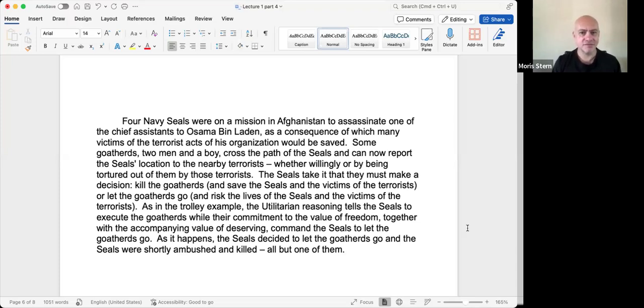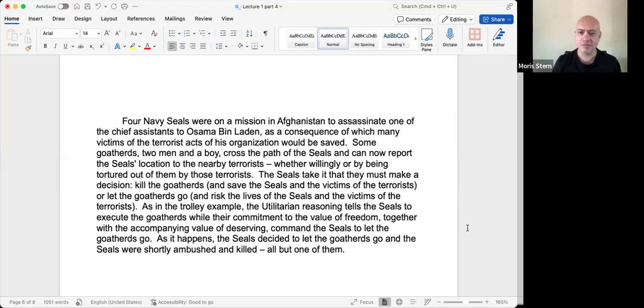The SEALs take it that they must make a decision: kill the goatherds and save the SEALs and the victims of the terrorists, or let the goatherds go and risk the lives of the SEALs and the victims of the terrorists.